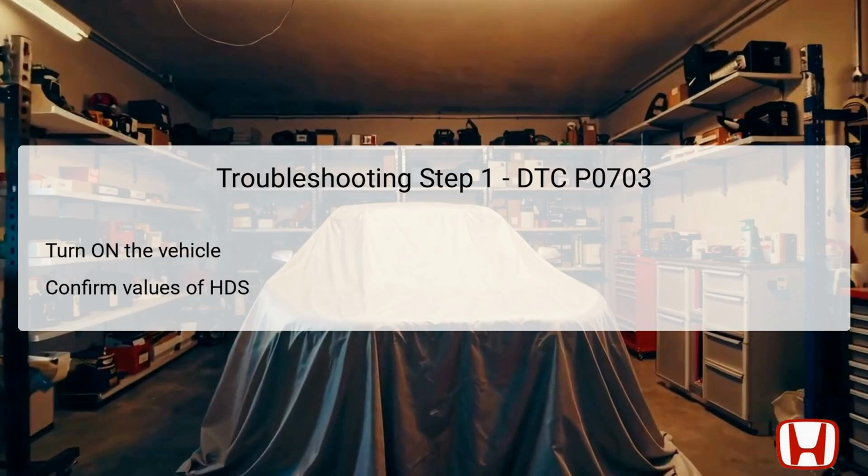This action is crucial because it allows for monitoring whether the switch is properly functioning. If the values do not change as expected during this process, it confirms that the failure is indeed present. Ensuring that the HDS is accurately reading these values is essential to determine whether the systems are communicating effectively, paving the way for further inspection.